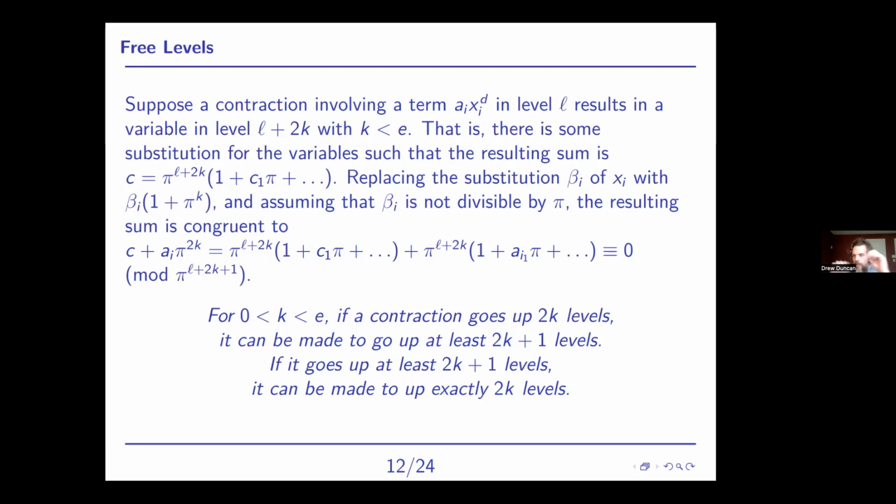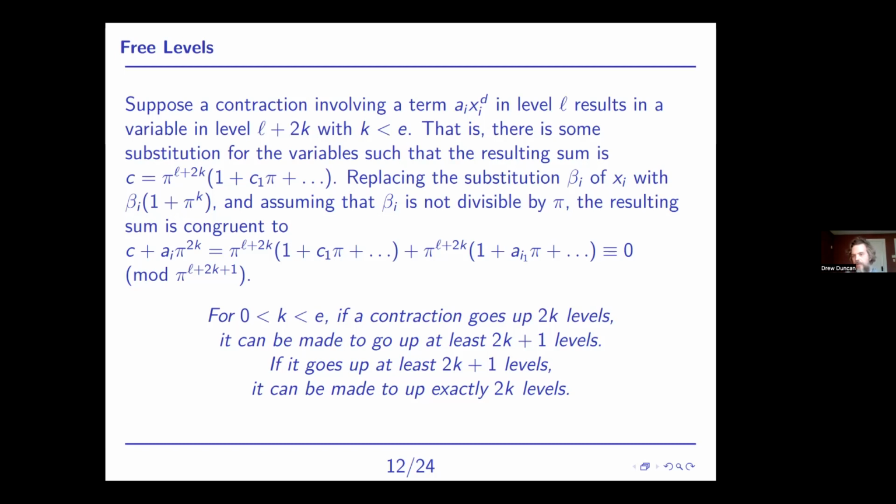So we get an extra thing there in that level. We get an extra 1. And when we add those two things together, that becomes a 2. That 2 gets shipped off to a higher order term. And that means that the result of this contraction, instead of going to level 2k or going up 2k levels, goes up some amount of levels more than 2k. And we can't say exactly how many.